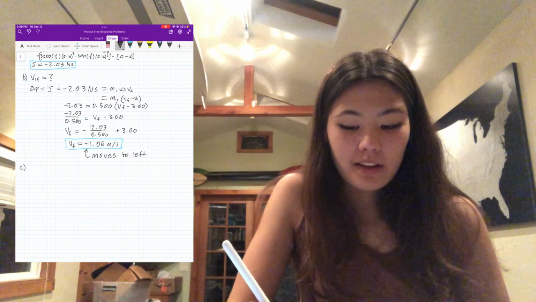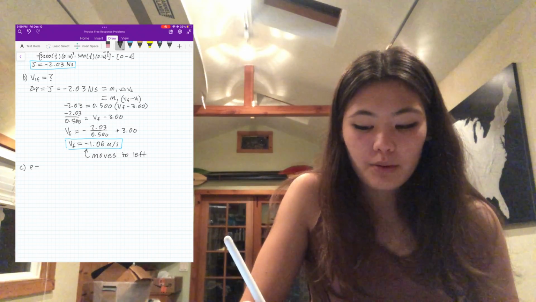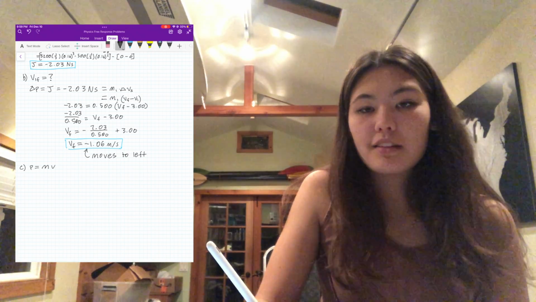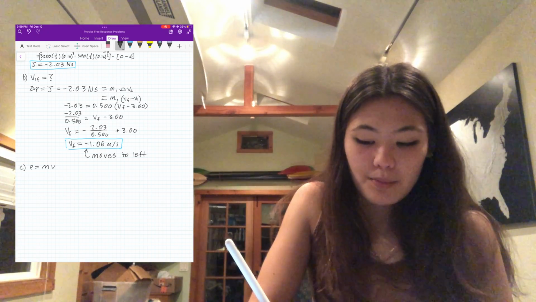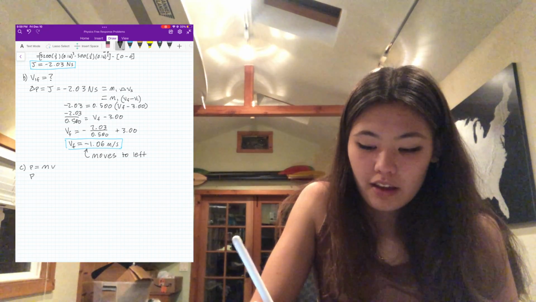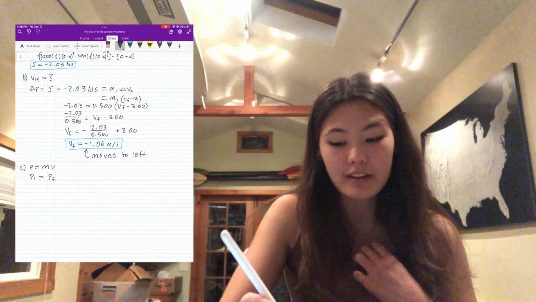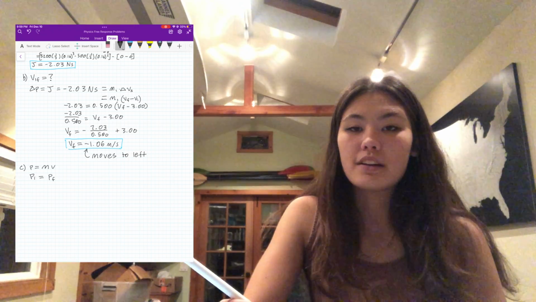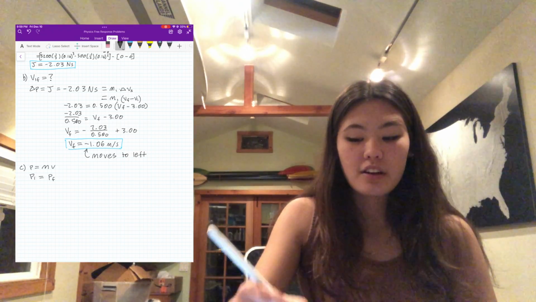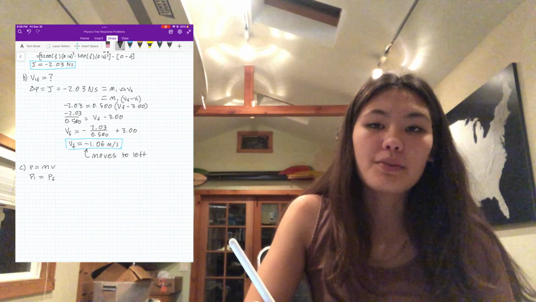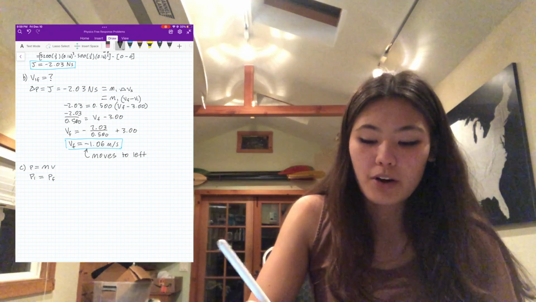So momentum is given as P, which is equal to mv. And by the conservation of momentum, we know that P initial is going to be equal to P final. And P initial will be given as the total momentum before the collision. So that would be the momentum of cart 1 plus the momentum of cart 2.